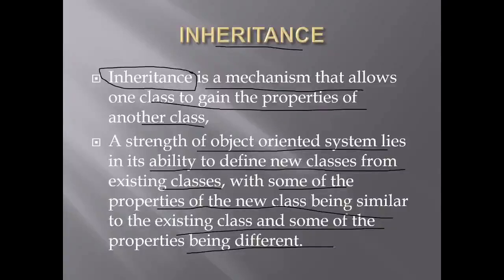In this way, from the class which is already existing, you inherit some of the features, and some additional features of your own are added in that class, and a new class is created. This saves time and effort, and there is no need to write the same code again and again. So reuse of code is achieved with the help of inheritance.